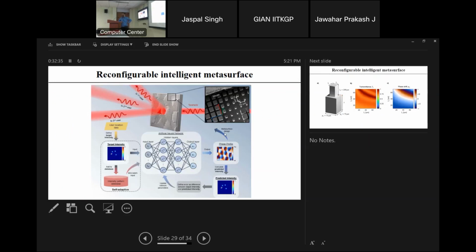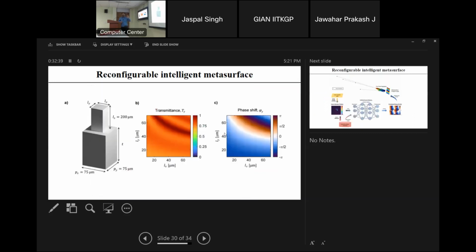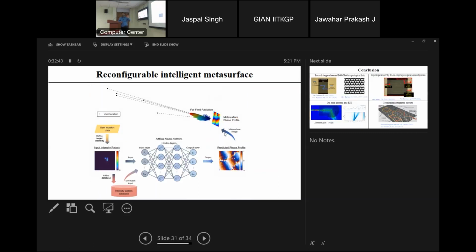Your target is fixed: you don't want to lose your transmission, you want to achieve your 2 pi phase gradient. So you just design LX and LY accordingly, and it will give you different kinds of engineering. Similar with metamaterial, yes, exactly.